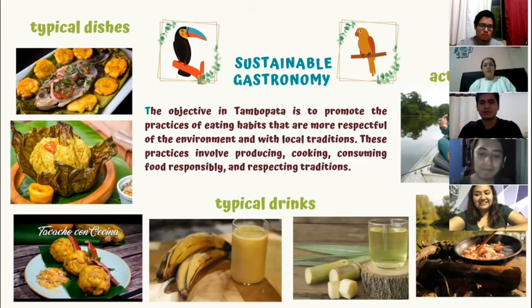Also the traditional drinks, for example the aguaje, the chapo, and the other more important representative drink, along with the masato that is made from fermenting the yuca.